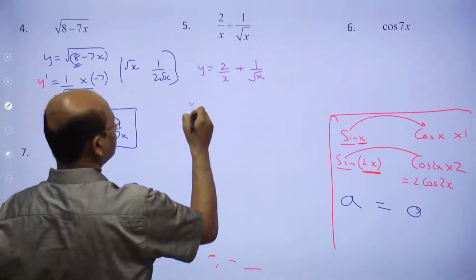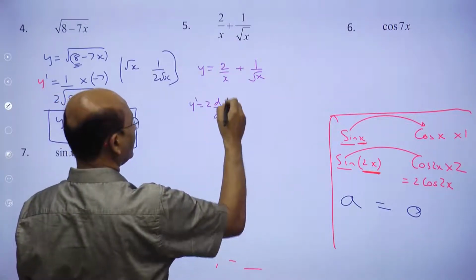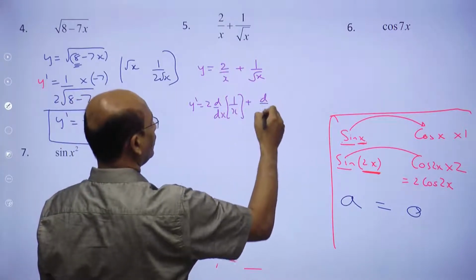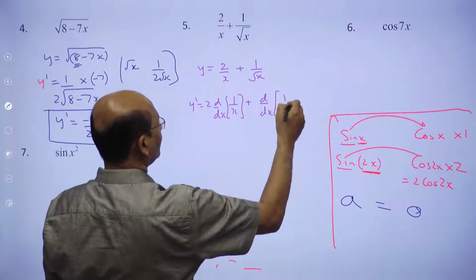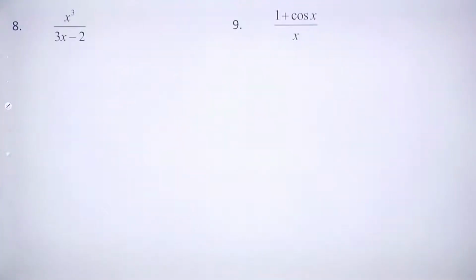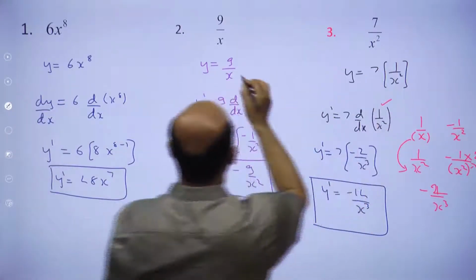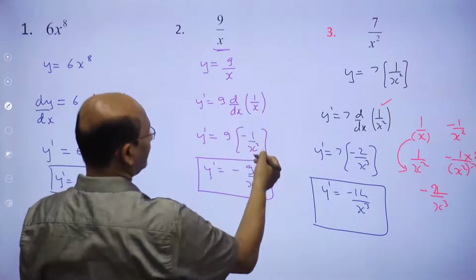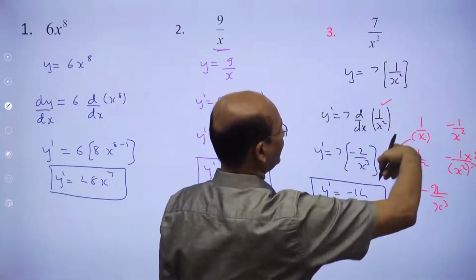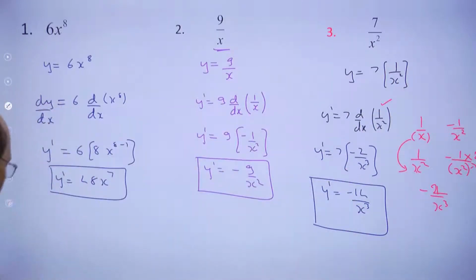So y dash will be 2 into the derivative, coefficient I am taking it out, of 1 upon x, plus the derivative of 1 upon root x. Just now in the previous question, I compared it, right? The derivative of 1 upon x is minus 1 by x square, and 1 upon something is minus 1 upon square of that something. Same thing here you have to do now.